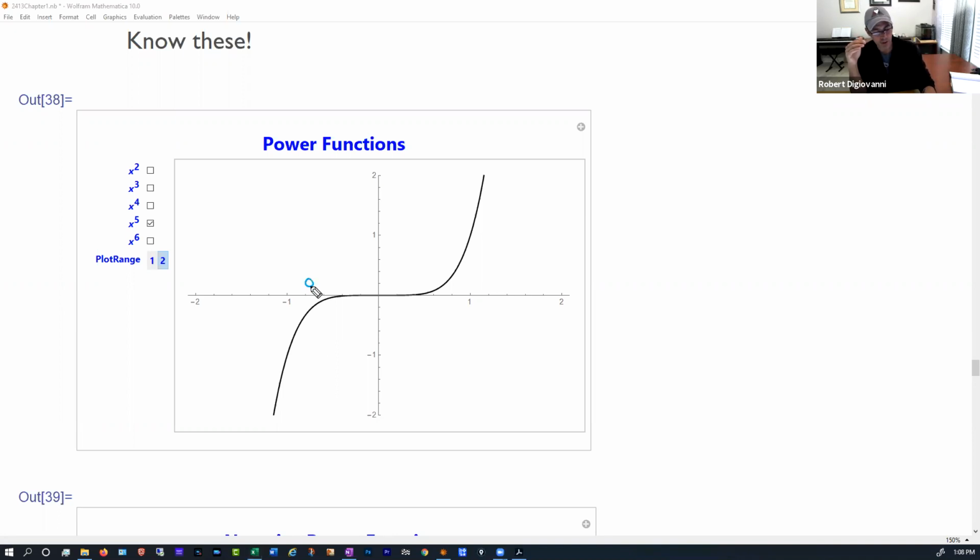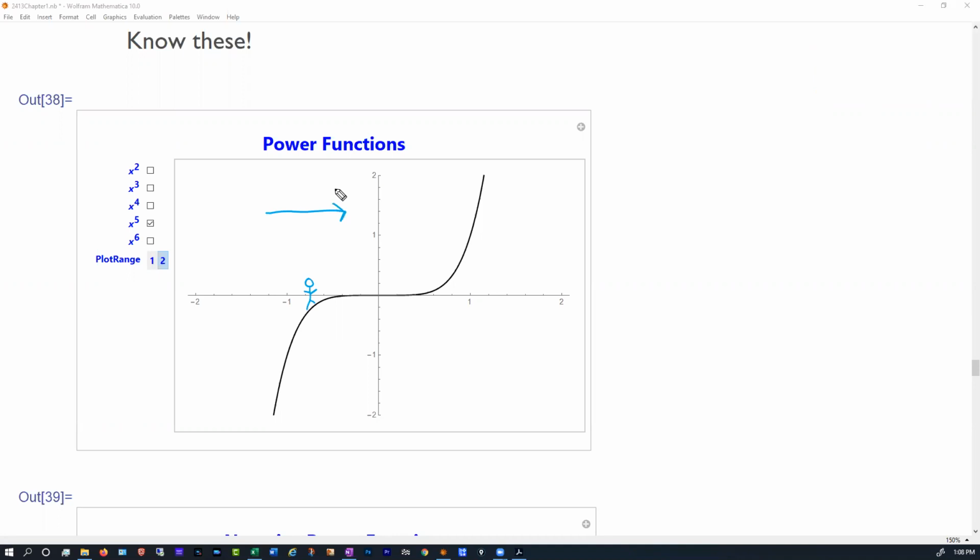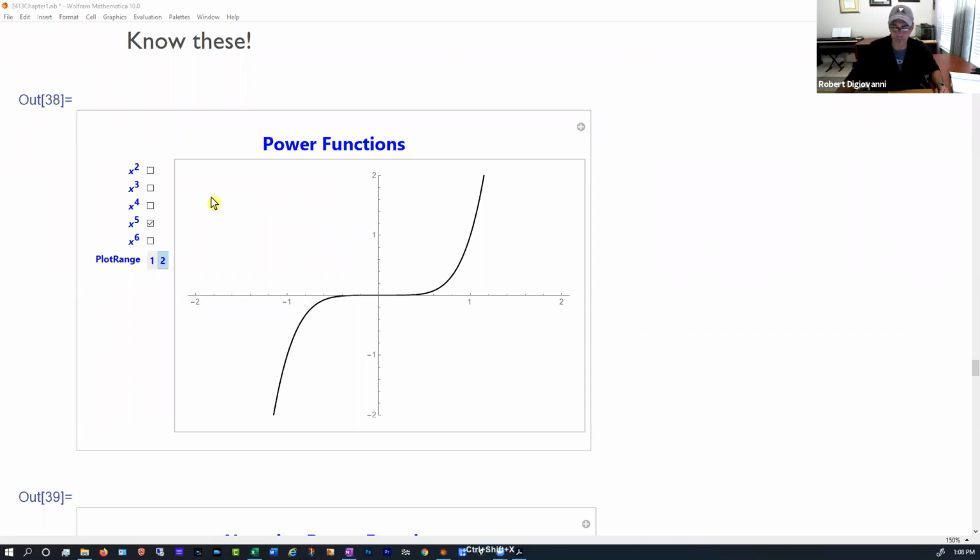Imagine that you're a person walking on this graph, right? And you were always going to walk from left to right because we read graphs from left to right. So if you're walking on this graph, does everyone see that as you walk to the right, you're always going up, right? You're always increasing. Now, if we were to do x squared, that wouldn't be the case, right?